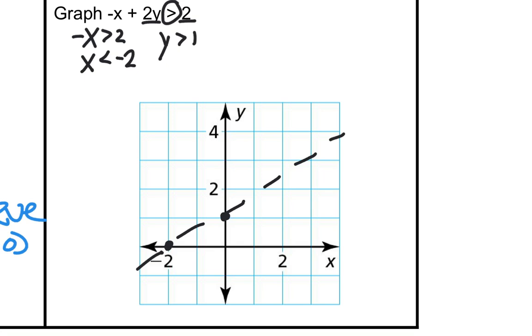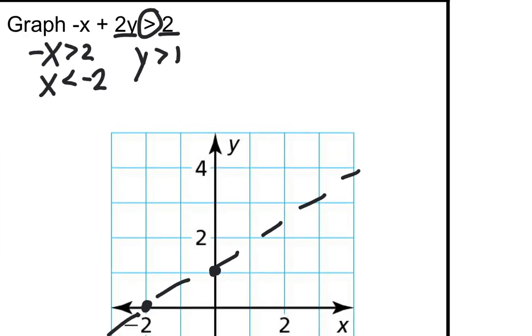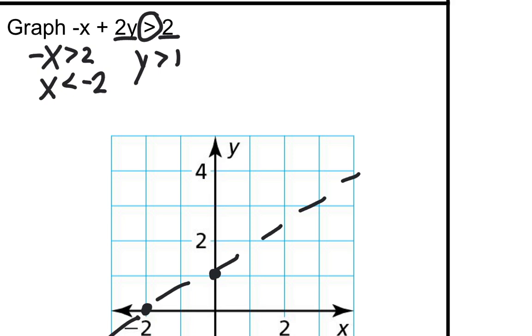Okay. Now, you might want to put it in slope-intercept form. That way you can have a little bit more accurate graph. So let's do that. Let's do 2y is greater than x plus 2. And then we're going to divide everything by 2.